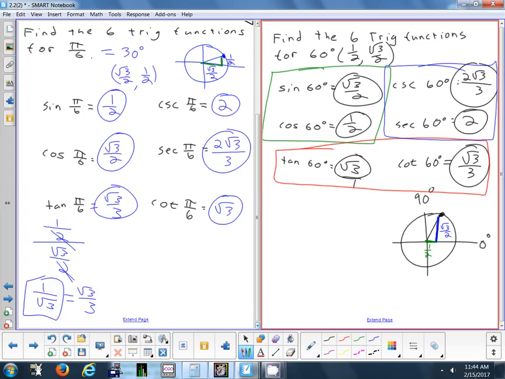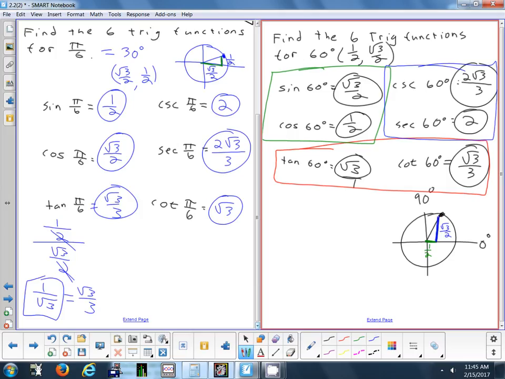Did anybody notice kind of a pattern in the functions that switched? Anybody see the connection between tangent, cotangent, sine, cosine, secant, cosecant? What's the pattern there, though?